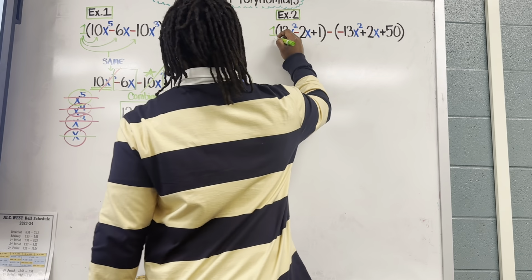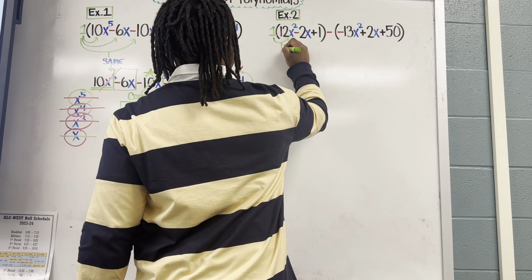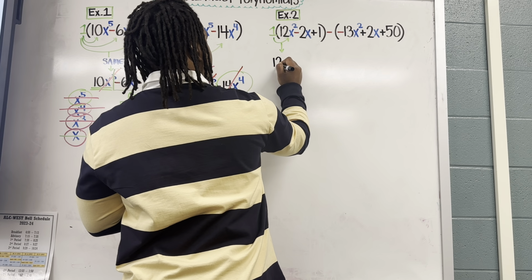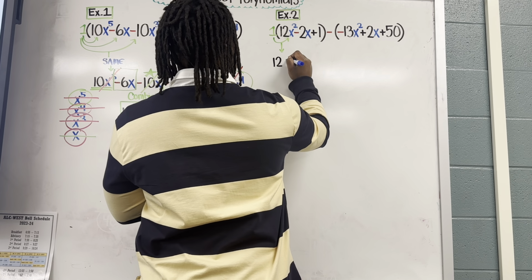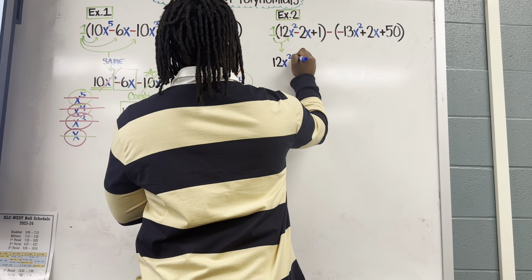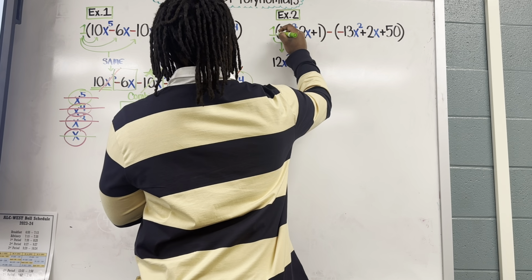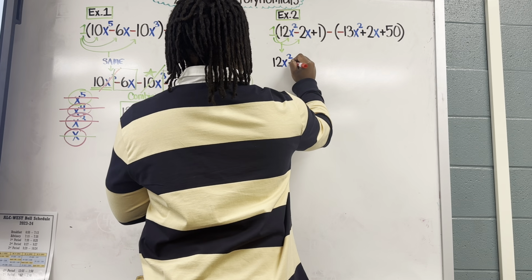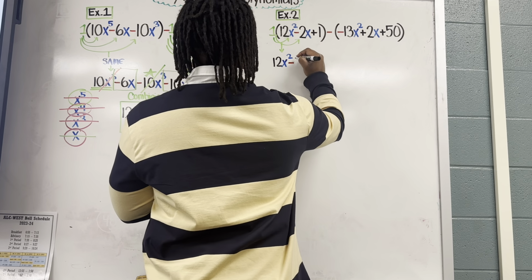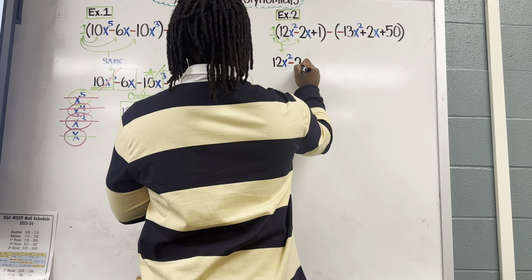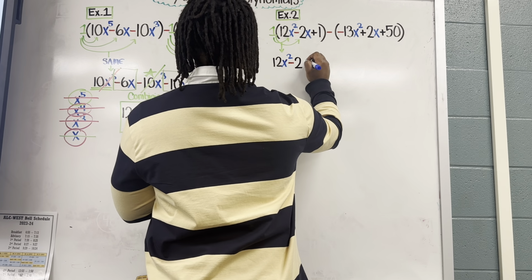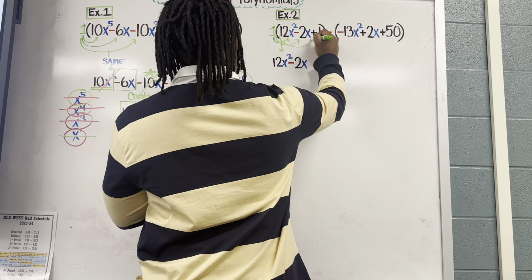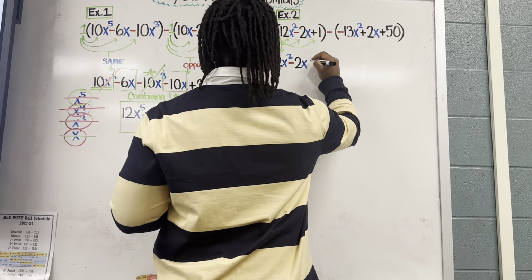So 1 times 12x squared is still going to be 12x squared. 1 times negative 2x is going to be negative 2x, or minus 2x. And then 1 times 1 is just 1, so that's going to be a plus 1.